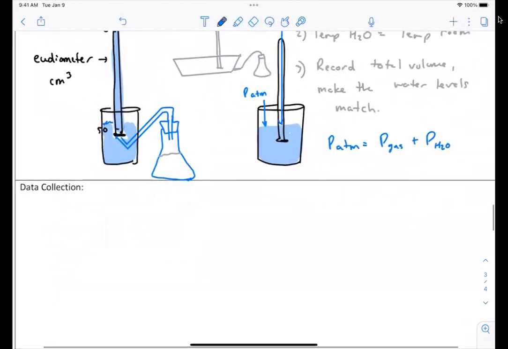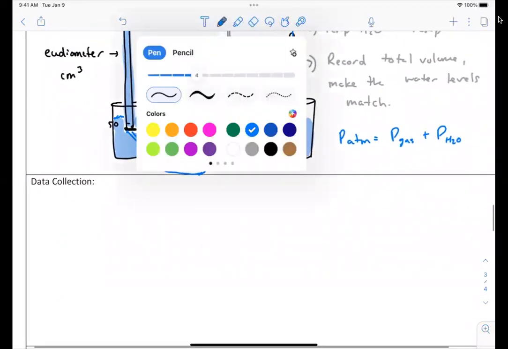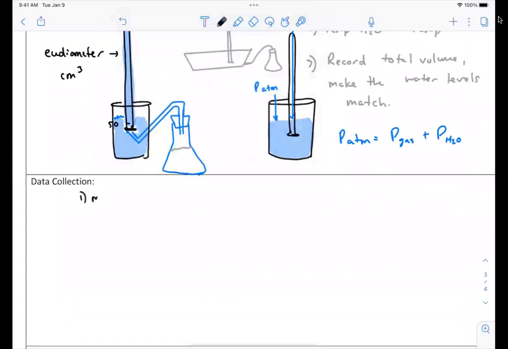Okay. So data collection, data that you need to have. One, the mass of the metal that's reacting. Two, the temperature of the water. Three, the volume of gas collected.